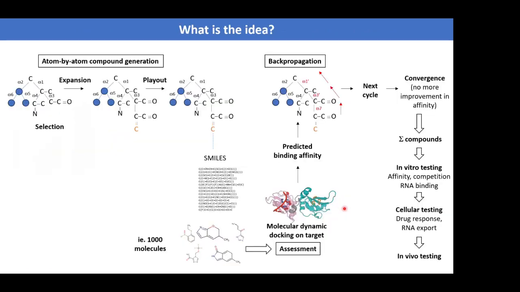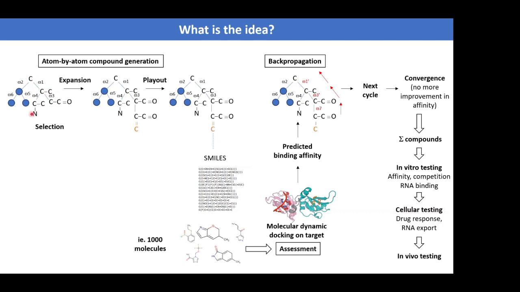And so we engaged in a project, and this was the idea in a nutshell. MCTS decision trees are like a large language model, so it means that you use letters in order to progress within the trees. And so the idea was to do atom by atom compound generation. You start with a carbon, and then you have the choice to add a carbon or something else.